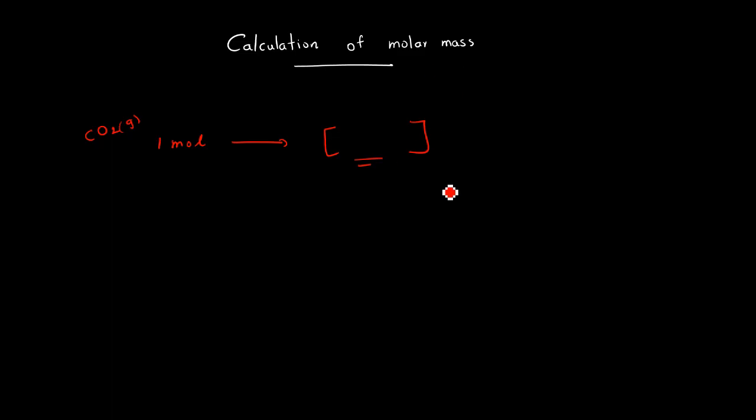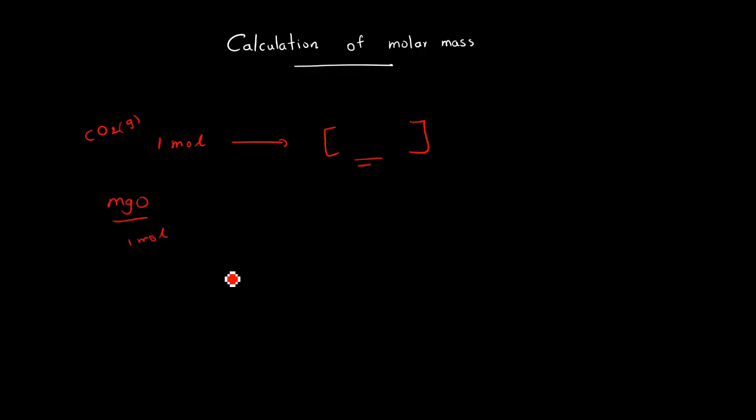It is the mass of 1 mole of a specific substance. It applies to any sort of compound. It can be magnesium oxide. The molar mass of magnesium oxide is the mass of 1 mole of magnesium oxide.